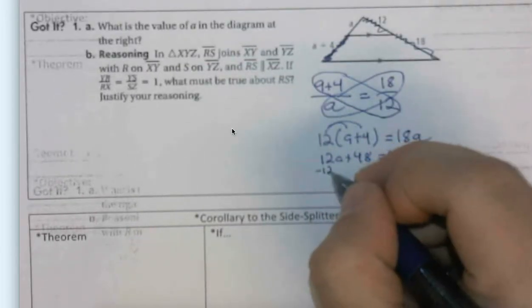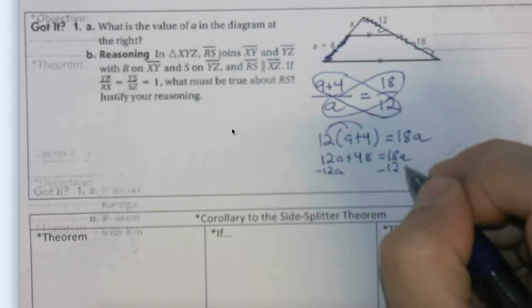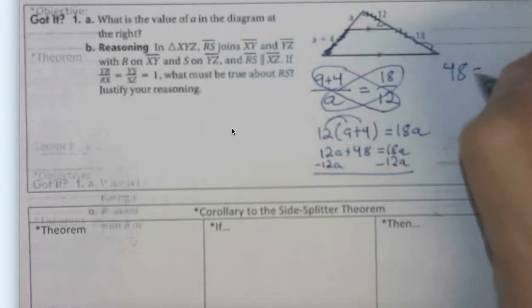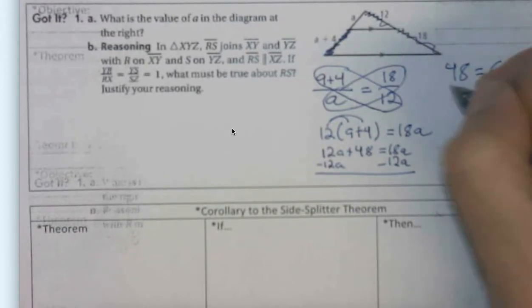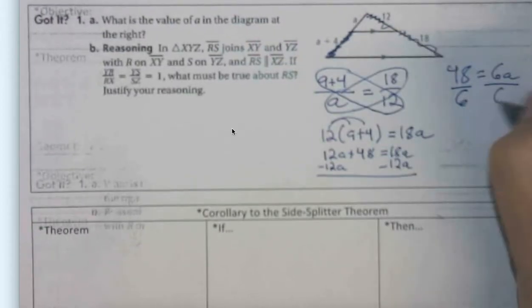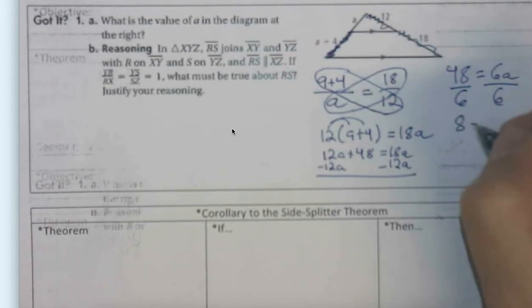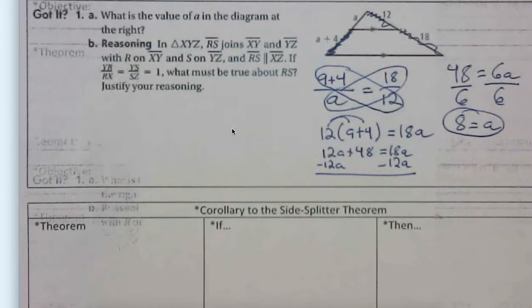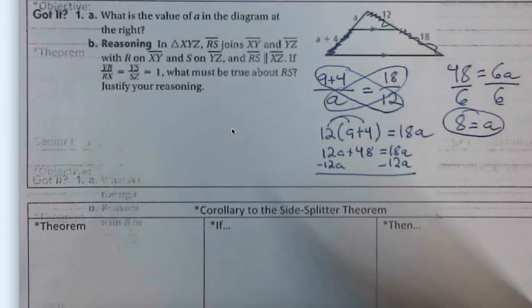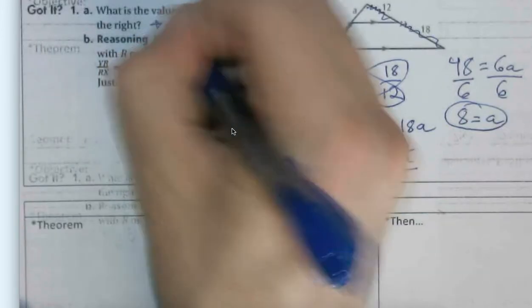If we deduct 12A on both sides, 48 should be equal to 6A. Dividing both sides by 6, A should be equal to 8. So that answers this. It's going to be 8.